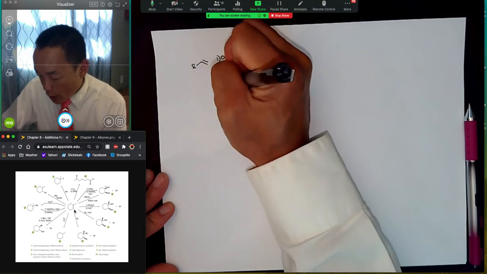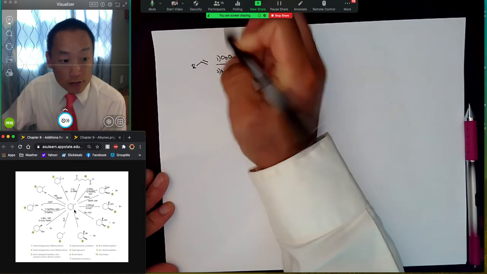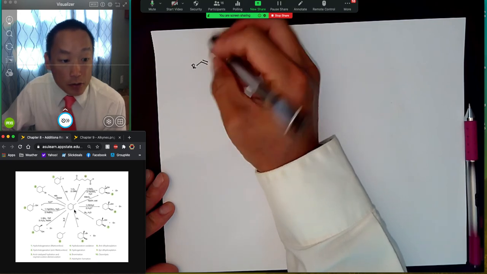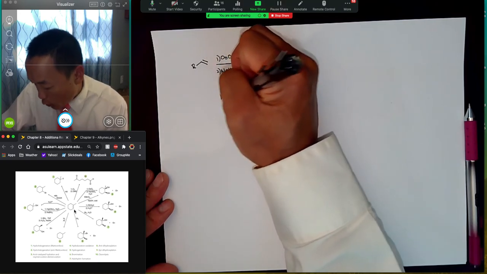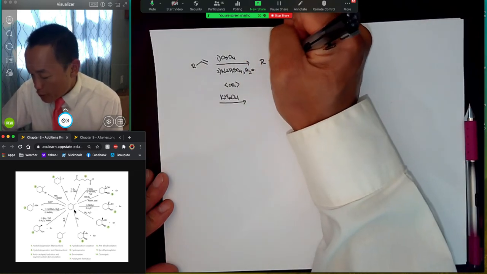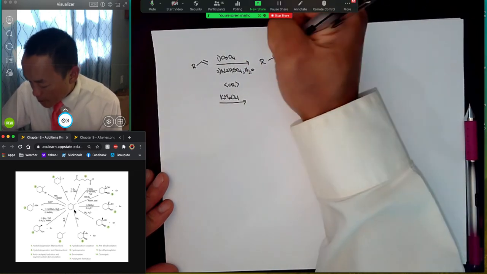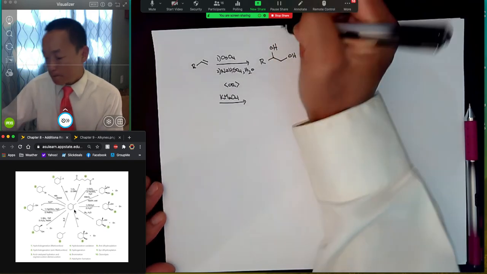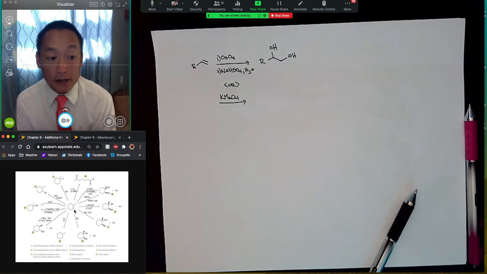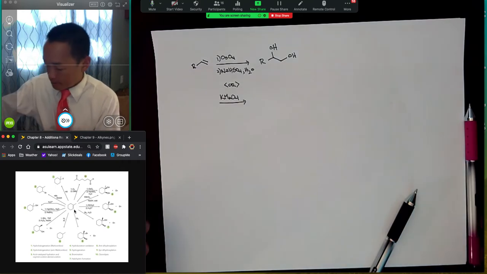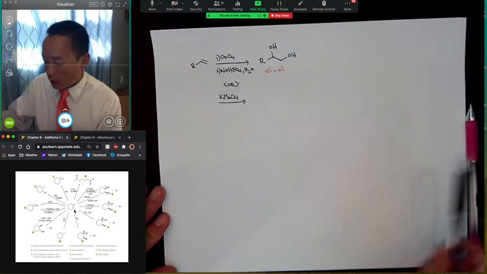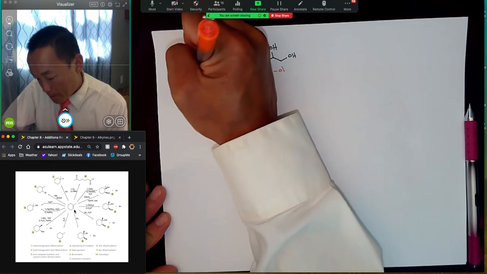Or another way of accomplishing this exact same transformation is to use potassium permanganate, KMnO4, and then you would end up producing a dialcohol compound, a diol. Di, two of them, alcohol, diol, and you're starting with an alkene.